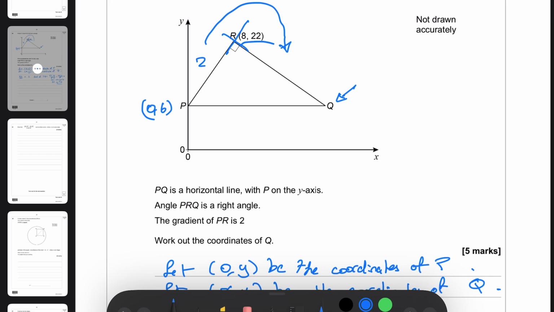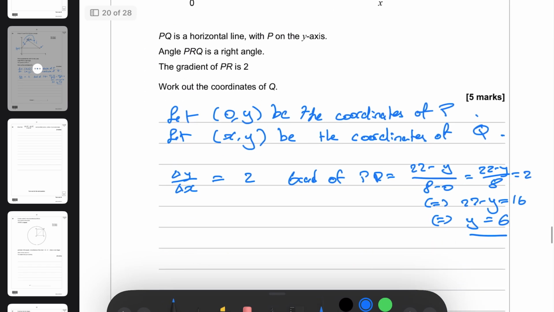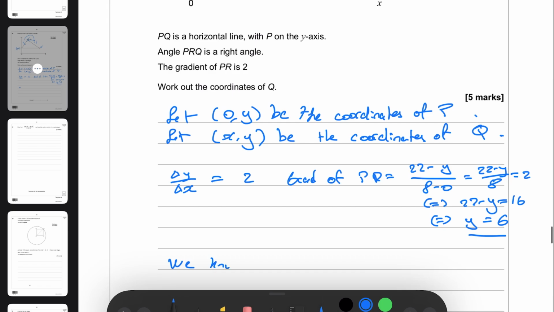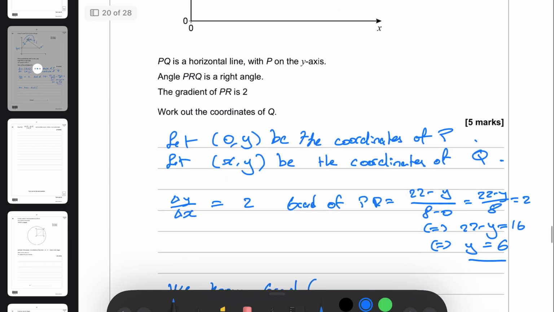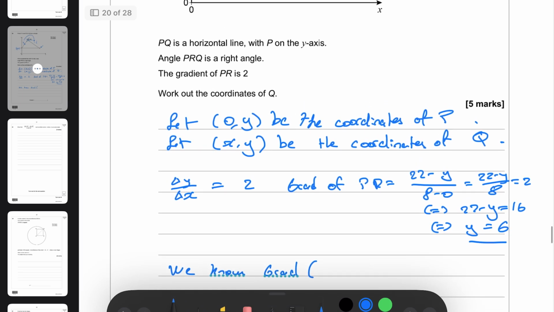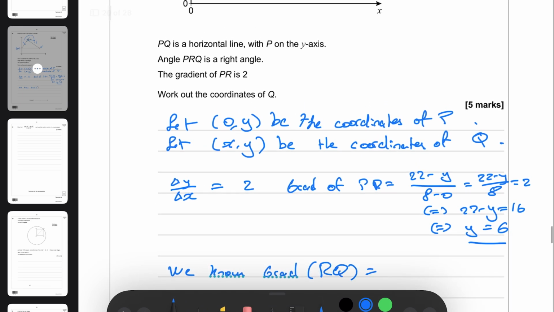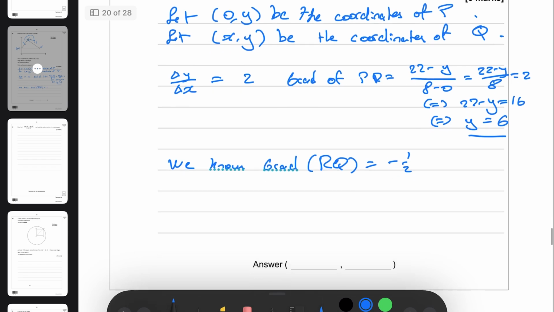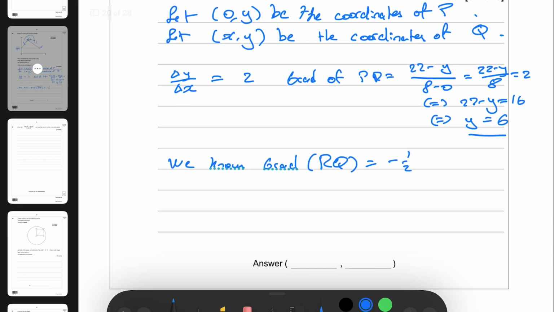So the gradient of this line is going to be minus 1 over 2, just like this one is going to be minus 1 over 2, which is going to give you 2. So we know the gradient of RQ is equal to minus 1 over 2, and we literally just repeat the exact same stuff.